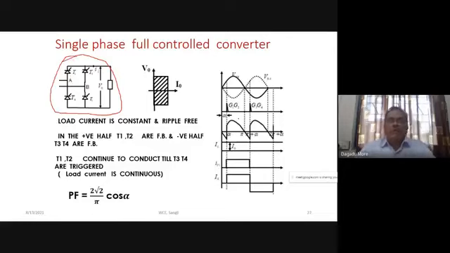It has two operating modes. One is rectifier mode, a first quadrant operation, and another is inverter mode, which will be a fourth quadrant operation.